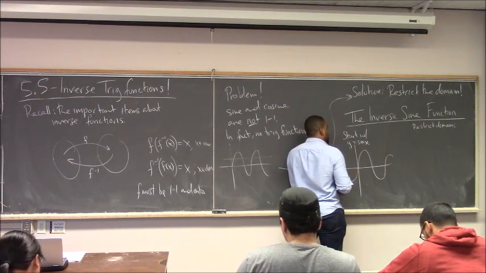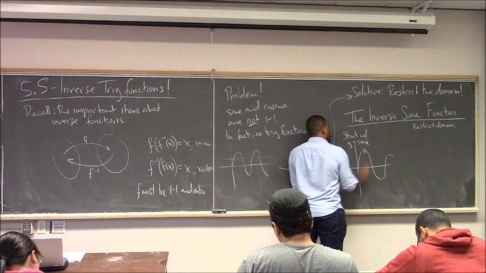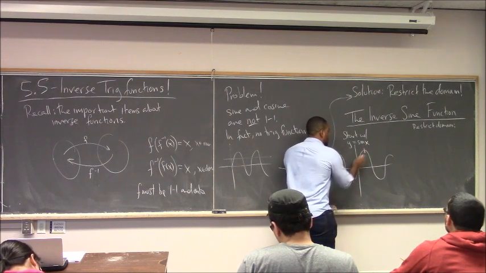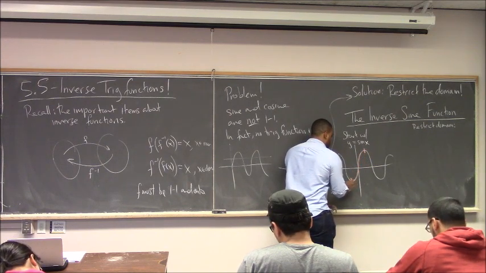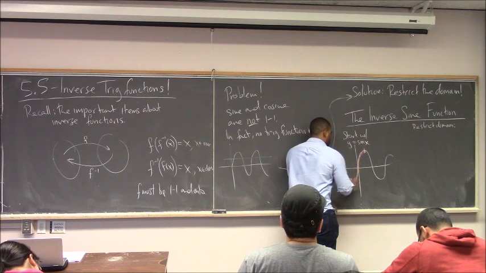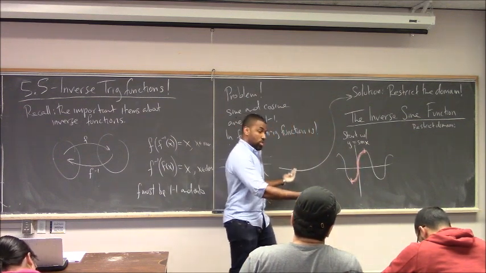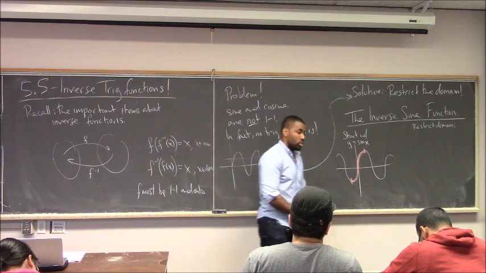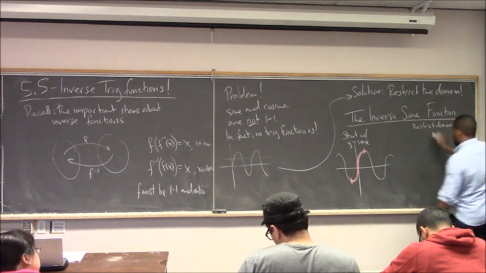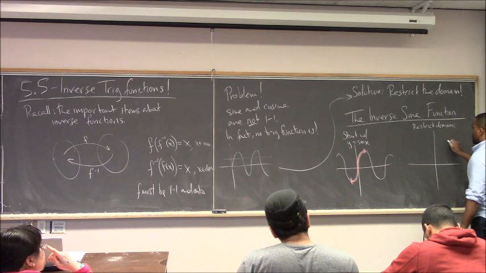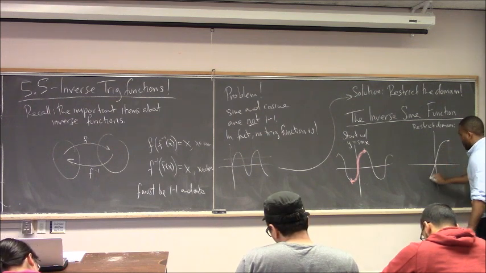We like to pick parts that include the origin, so it turns out that they slice off this part of the sine function. So you take that middle part, ignore everyone else. This part here is going to pass the horizontal line test. So it starts out looking like this guy.